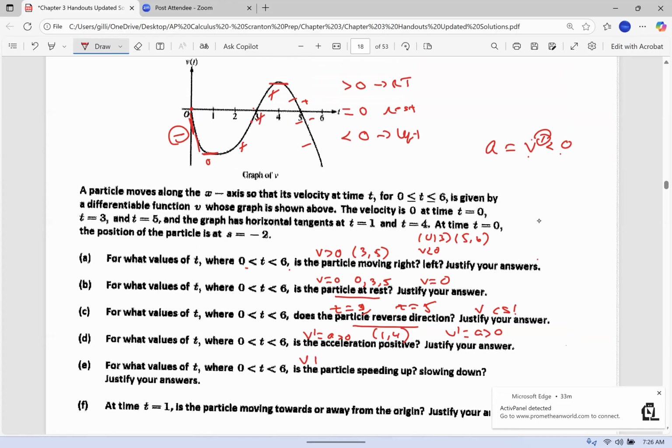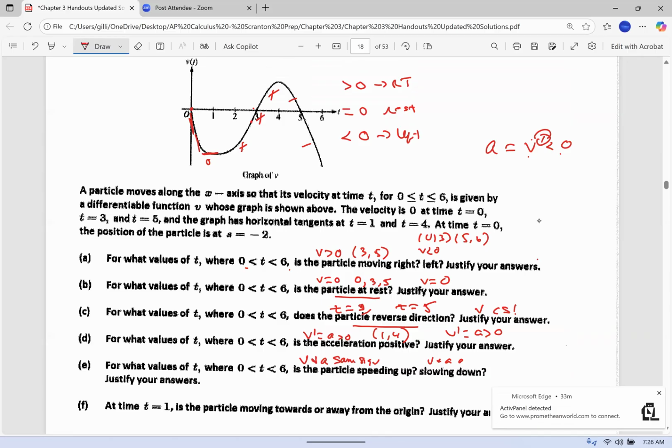For speeding up, we want v and a to have the same sign, and for slowing down, v and a are opposites. So once again, it doesn't matter which side you want, but just pick a side for one graph, for one function.